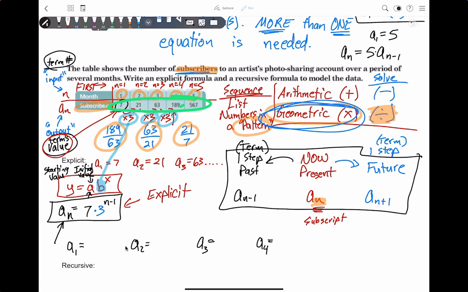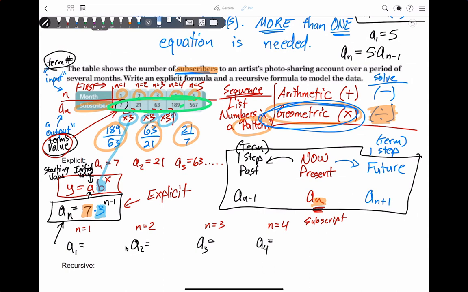We know that it starts at 7, and we know that each jump is going to multiply by 3. All we need to figure out now is how we labeled these. The first one was 1 for n, in other words, the first one in line. The second one was n is 2, and then n is 3, and n is 4, so on and so forth. It'll just keep going on and on.